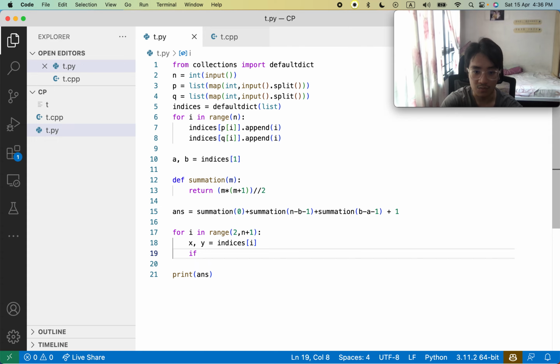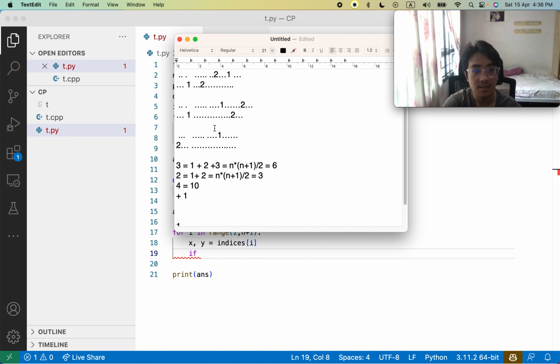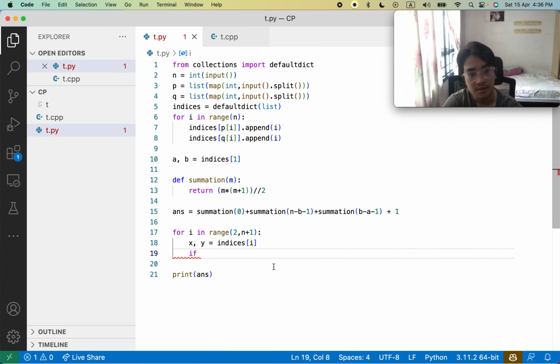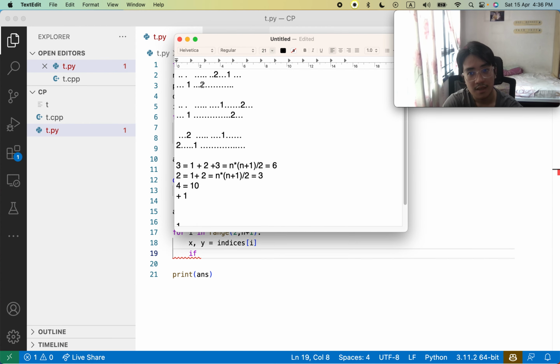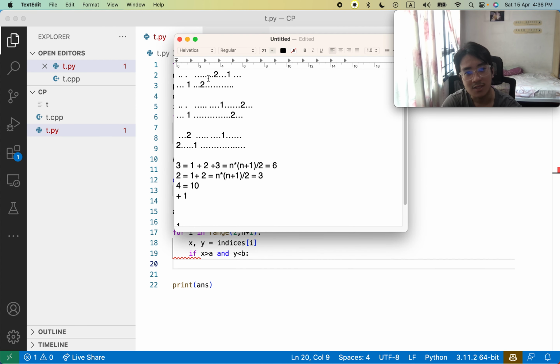Very good. So let's talk about the three cases that we discussed. And I think I just erased one of them, but it doesn't matter. Okay, let's start from this case first. Basically if x is greater than a and y is lesser than b, am I right? x, y, yep, pretty much.